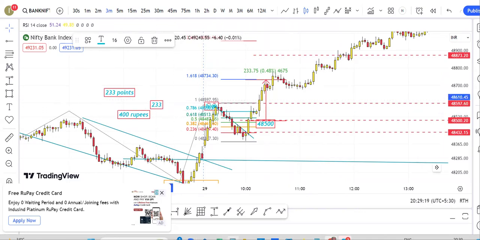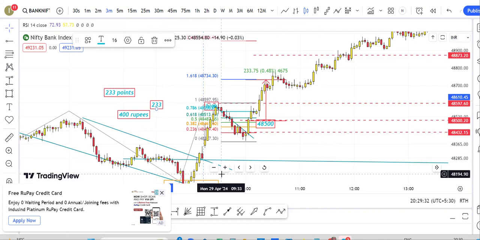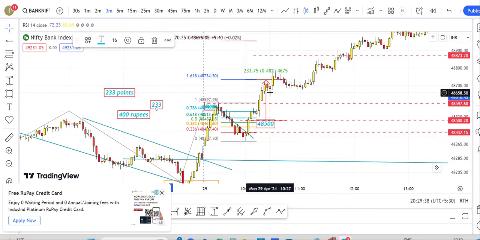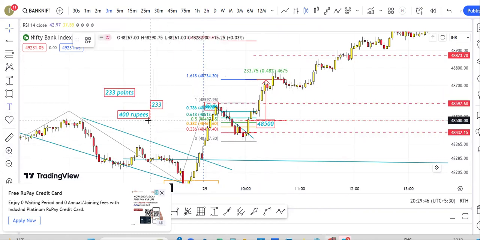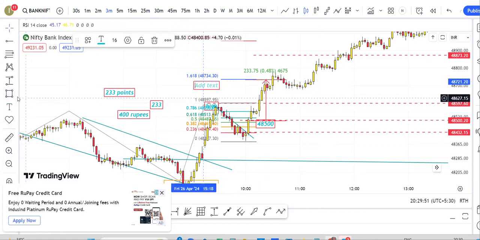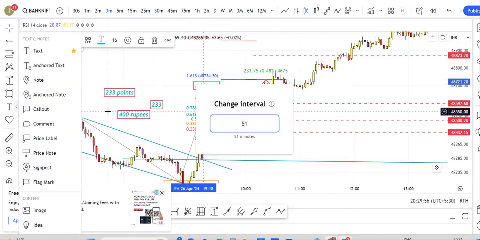For 233 points, you take 233 points divided by 2. You will get 116 points maximum. So when it reaches, you calculated 400 should become 560.